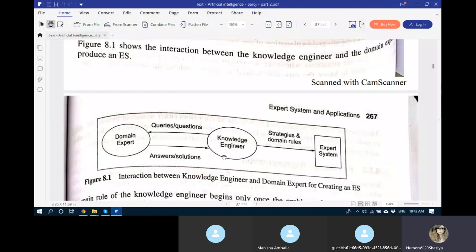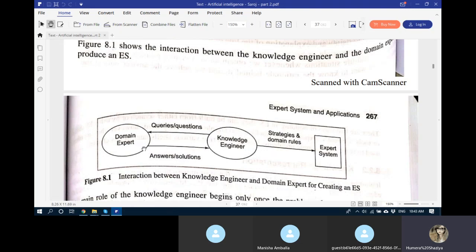The knowledge engineer is the one person who performs knowledge engineering, meaning getting the knowledge, refining the knowledge, enriching the knowledge, formalizing the knowledge, and selecting a reasoning method for the knowledge.